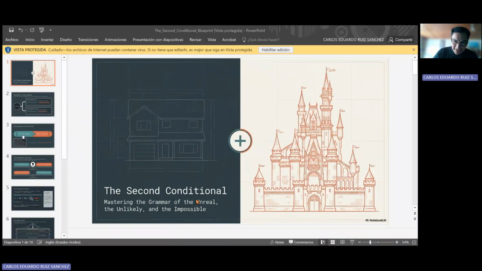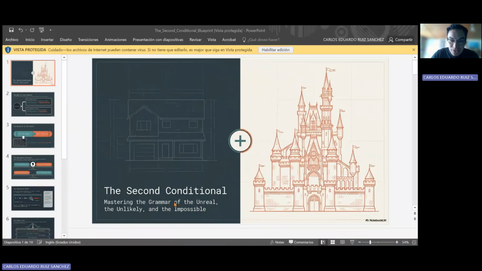Pay attention to this example. If you studied, this verb is a regular verb, so it isn't written as study, it is studied. Está en pasado simple, no dice estudiar, dice estudió o estudiabas, estudiaste. Está en pasado.